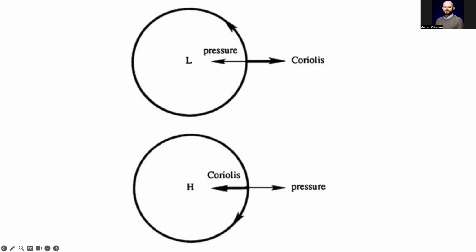So we can look at the atmosphere and see places where this is true. If I see the rotation around an H region, then it must be in geostrophic balance. Does that mean there is no viscosity there? No. It just means that it's not as important as this balance. So this is giving us a tool to identify these things in nature.